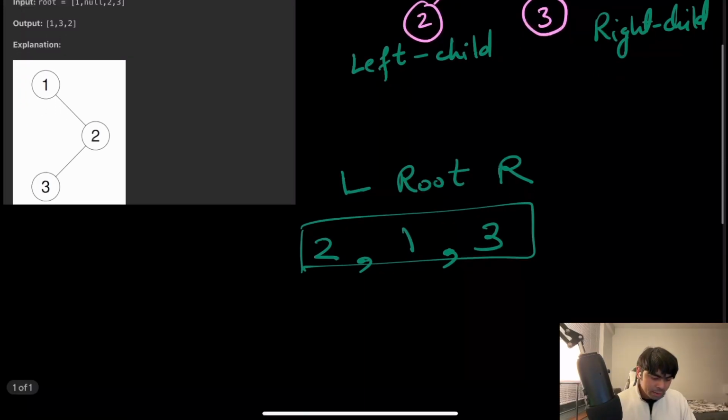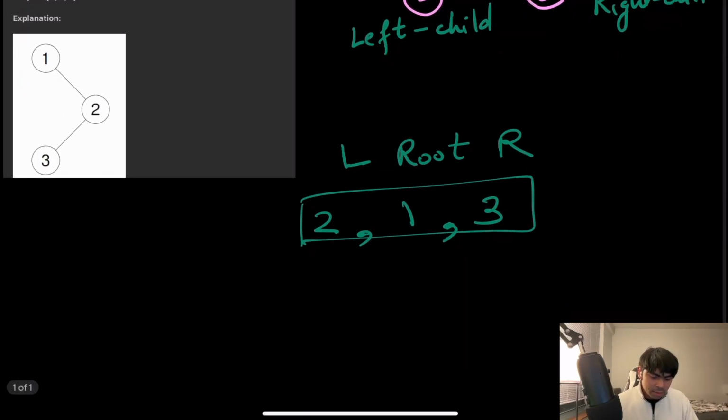Now you can see, if we run this approach on our first problem, then it should give us the same answer. So here, if I call our recursive solution on 1, then it's going to call on its left child.